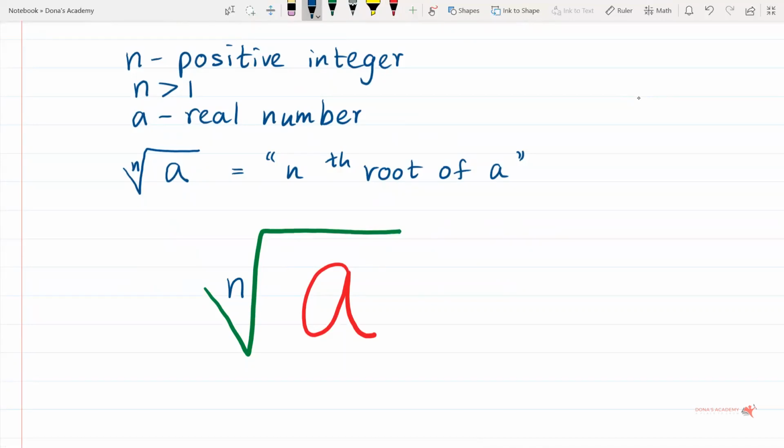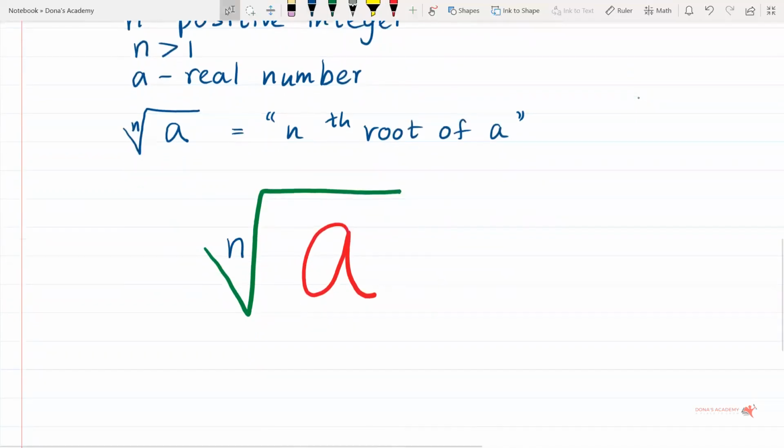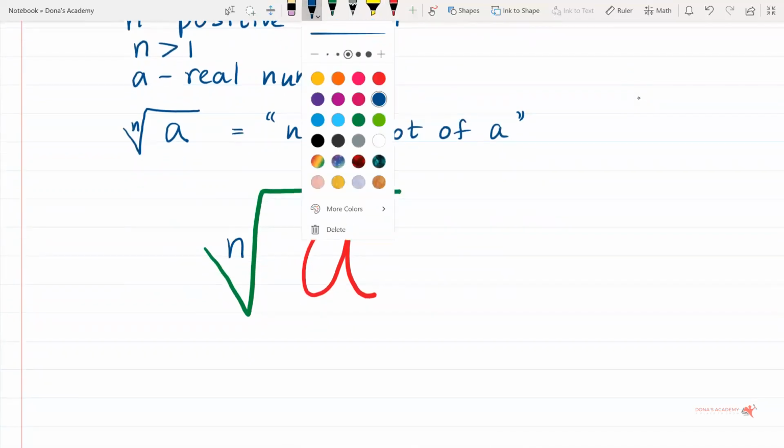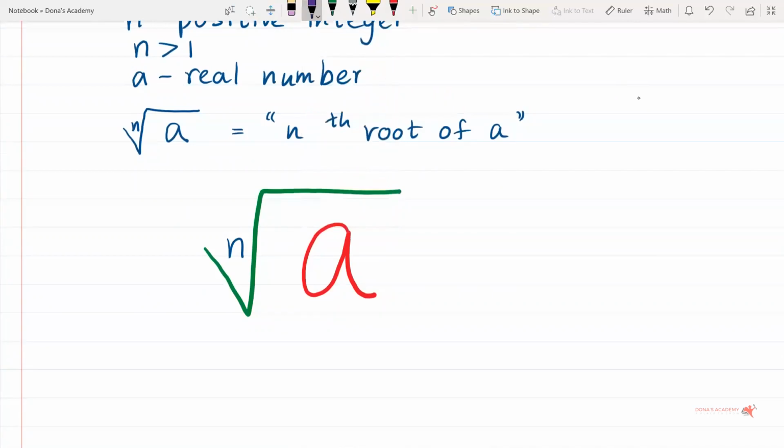Then this whole thing is called a radical. Simply it means nth root of some number, right?